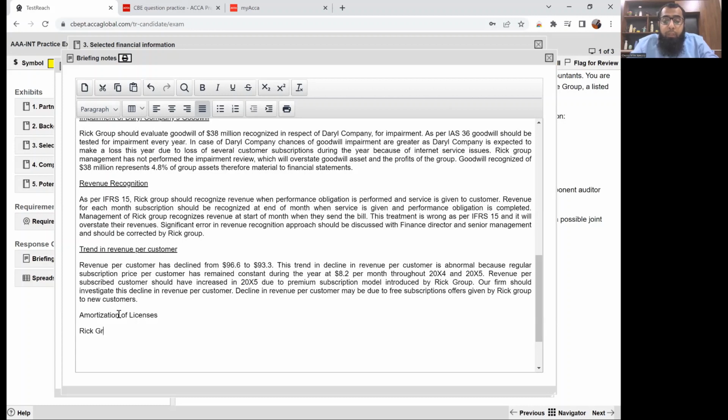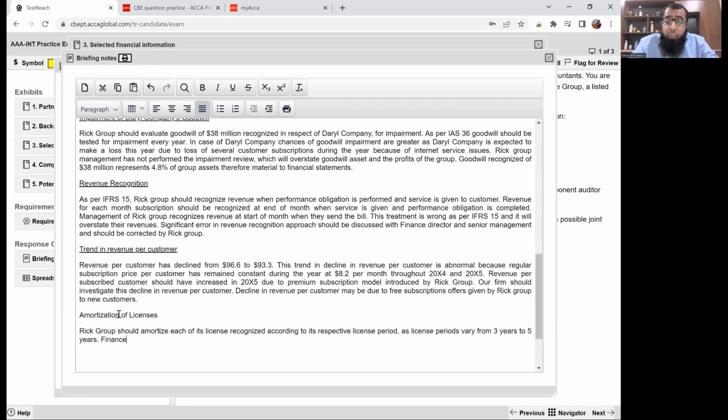RIG group should amortize each of its licenses recognized according to its respective license period, as license periods vary from 3 years to 5 years.